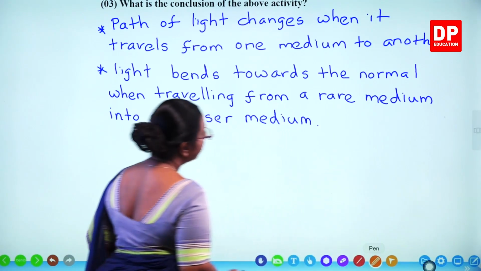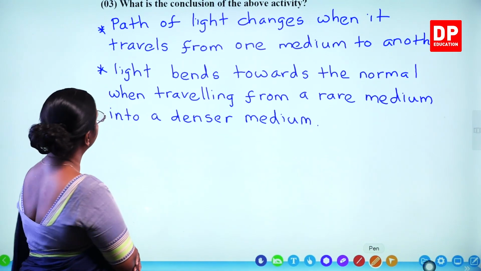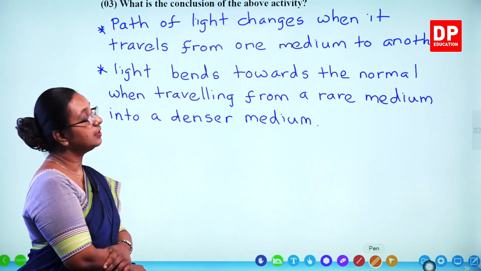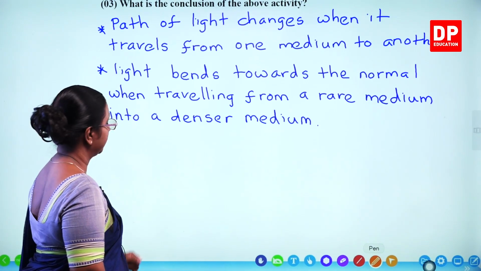What is the other conclusion? Light bends away from the normal when traveling from a denser medium into a rarer medium.